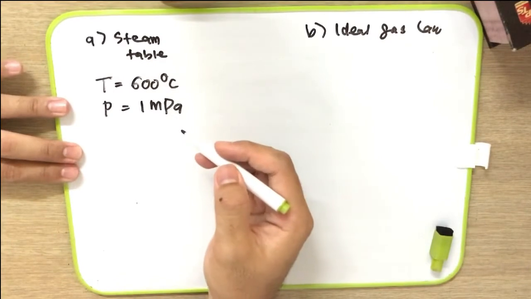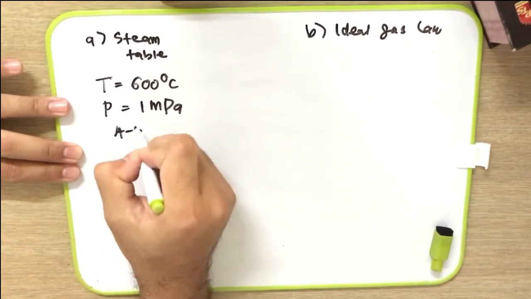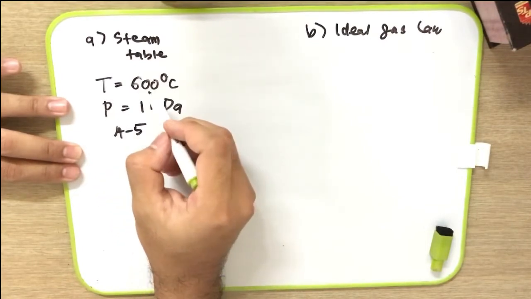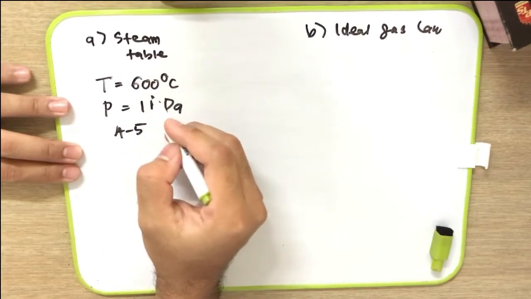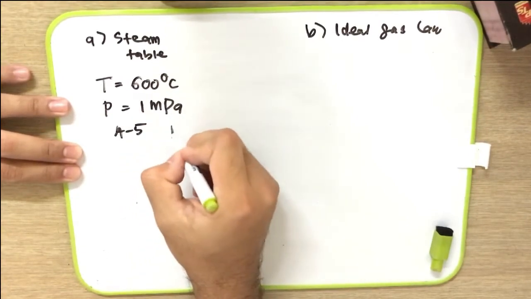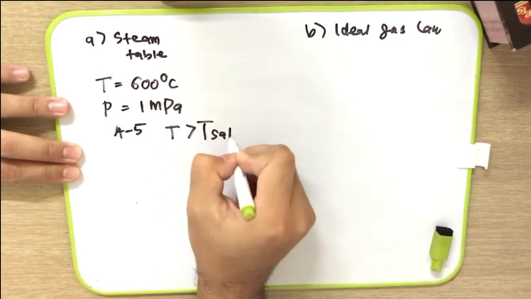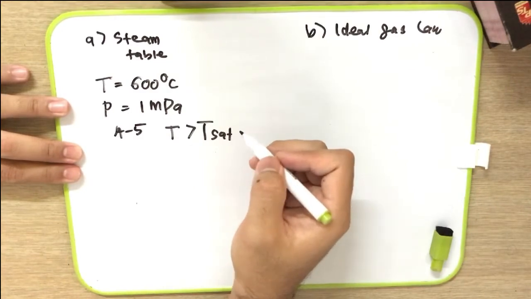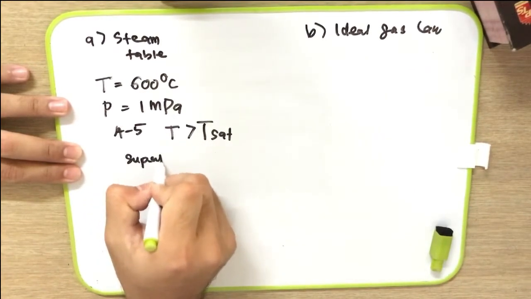For me, I will choose pressure. So I will look at table A5. So I look at 1 megapascal and I check whether this temperature is higher or lower than T saturated. After I have checked, the T is higher than the T saturated. According to the phase condition, when T is higher than T saturated, the phase is superheated.